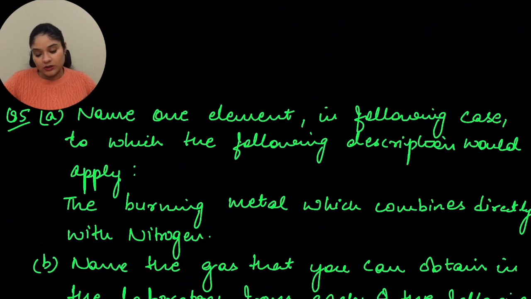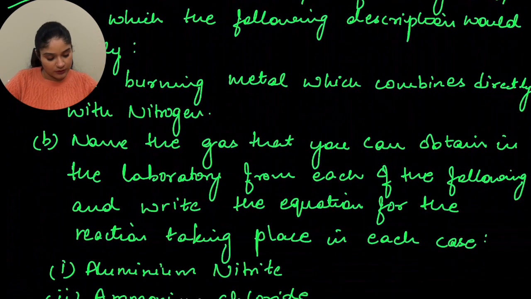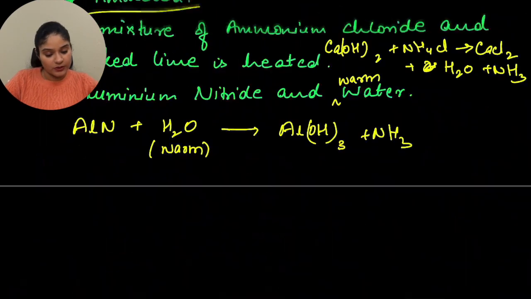Then the next question is, name the gas that you can obtain in the lab from each of the following and write the equation for the reaction. And they are saying ammonium nitrite. So ammonium nitrite, we just saw the equation. So that would be AlN plus, what was the equation that we just wrote?